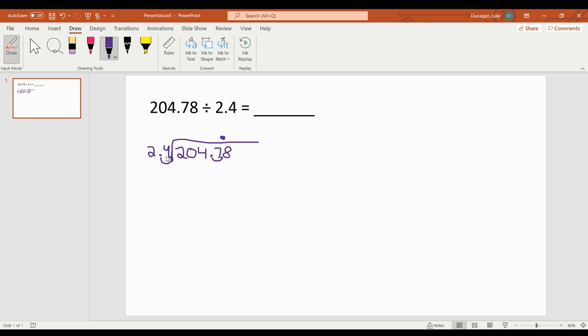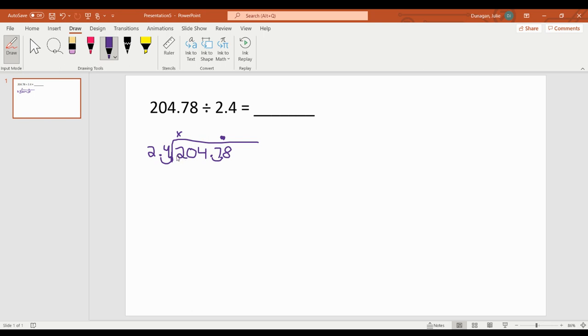The first question we ask ourselves is, and now we're really working with 24, how many times can 24 go into 2? Can we get any groups of 24 in 2? No. So you can either leave it blank or put a little X up there to mark your spot.